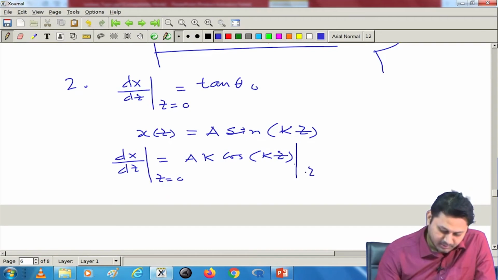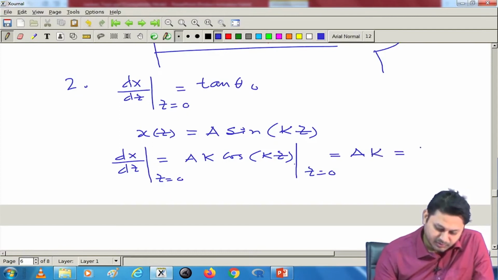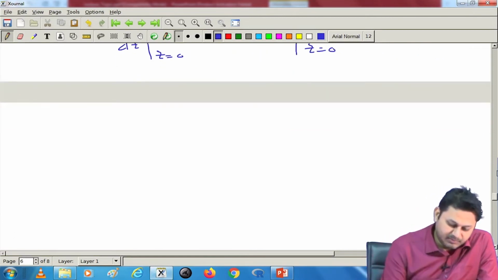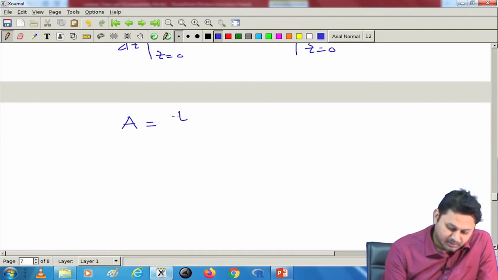At z equal to 0, this value is simply A k, and that thing at z equal to 0 according to my boundary condition is tan theta 0. So, I can figure out what is my A with this boundary. So, my A will be simply tan of theta 0 divided by k.